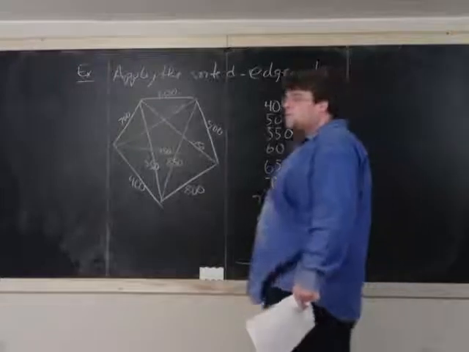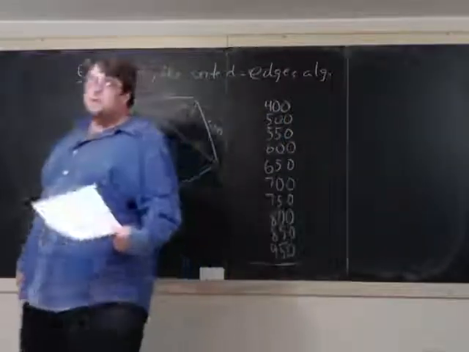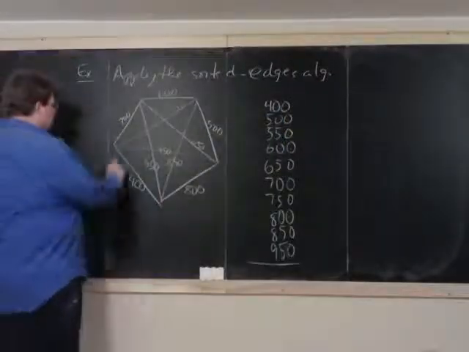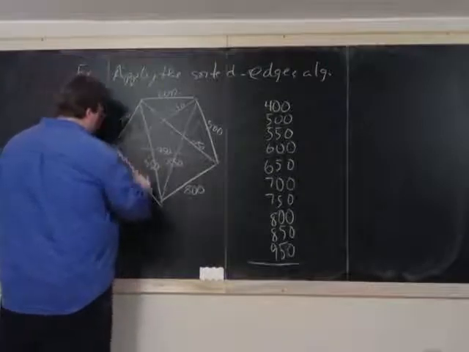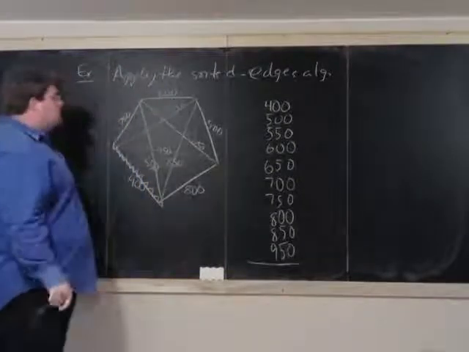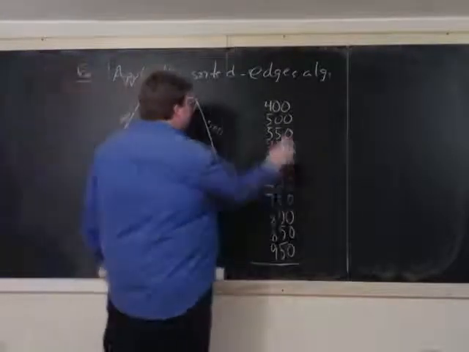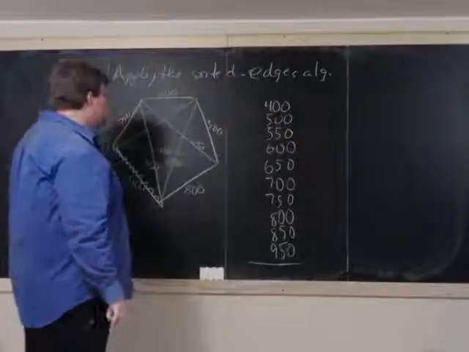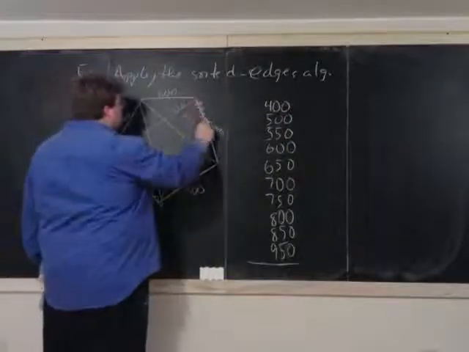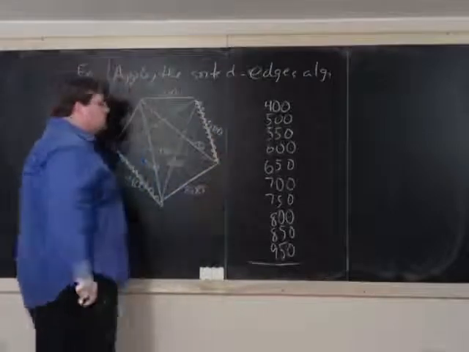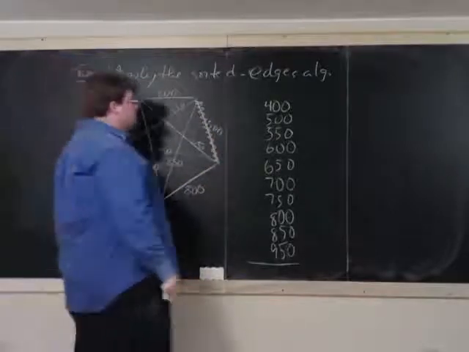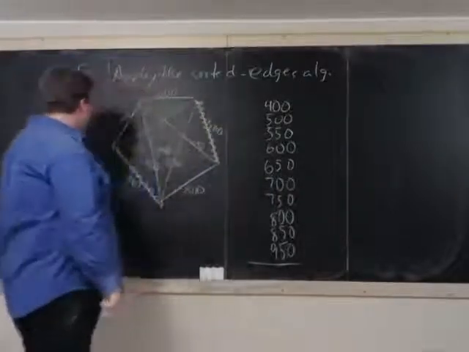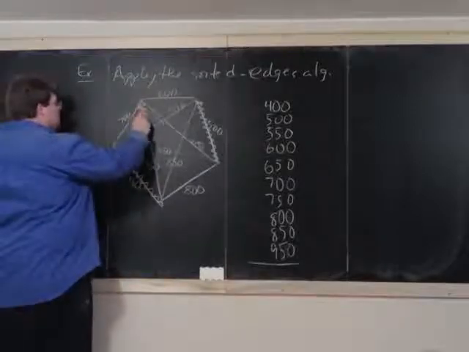So what we do is we add edges starting at the top of that list. So you start at 400. Well, that's okay. That's not going to screw anything up. What if we then add 500? Well, where's 500? Over here. Well, we can still produce a cycle with that and that. 550. Can we add 550? Yeah, it looks like we can.